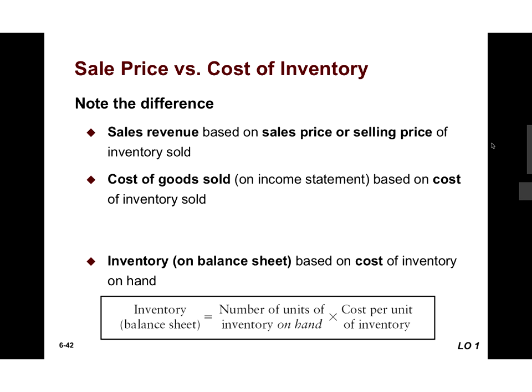Now, if we use FIFO or LIFO, we have to modify that somewhat. So it's not always that straightforward. But cost of goods sold and inventory are based on cost. The selling price is what we charge the customer, and that's only used when we're calculating our sales revenue on the income statement.